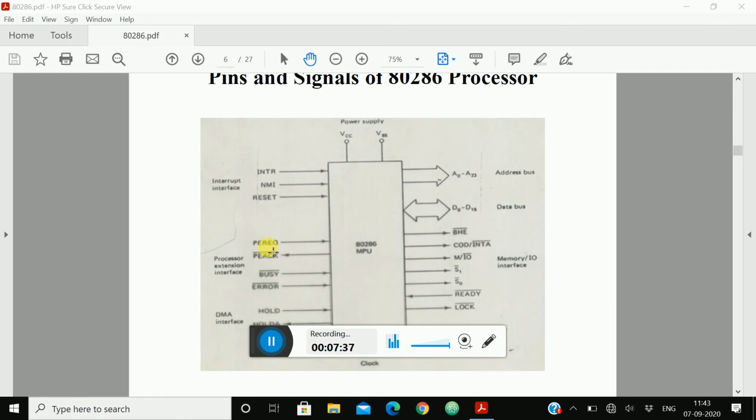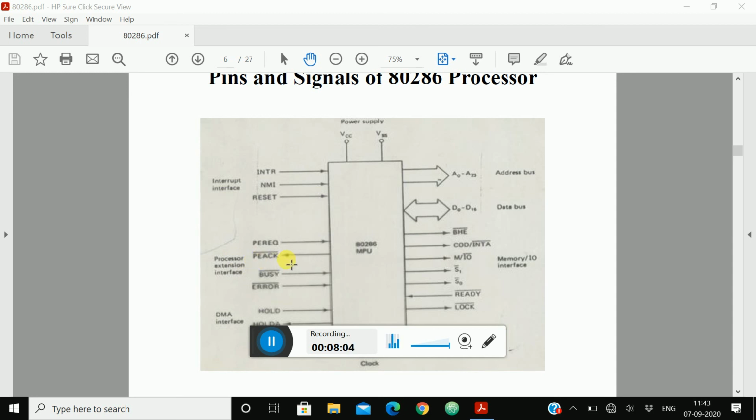Now we will see the function of PEREQ. The processor extension request input pin is asserted by the coprocessor to tell the 80286 to perform a data transfer to or from memory. Now what is the function of PEACK?